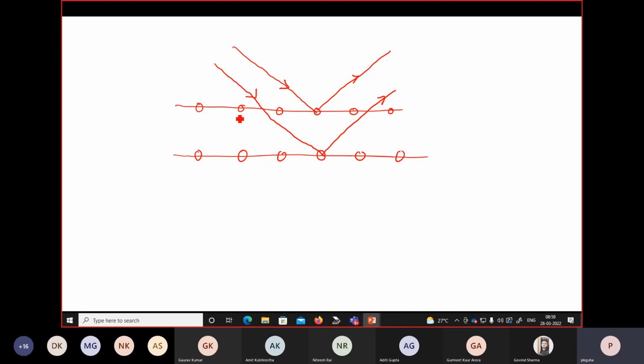So this is my grazing angle theta. As I told you, we have discussed this before.